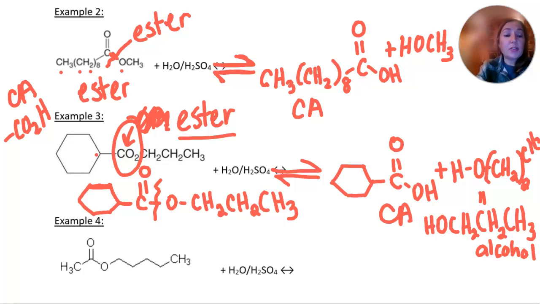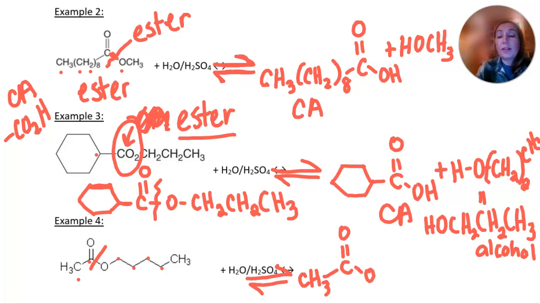One more here. CH3, C double bonded to an O, bonded to an O, bonded to CH2, CH2, CH2, CH2, CH3. Break that ester linkage again between that C and that O. It says plus water and our acid catalyst here, and we'll do our double-headed equilibrium arrow. Now the products: CH3 bonded to C, double bonded to O, and then bonded to OH.